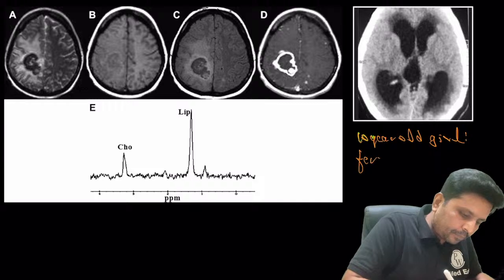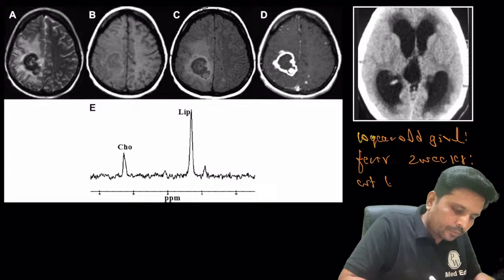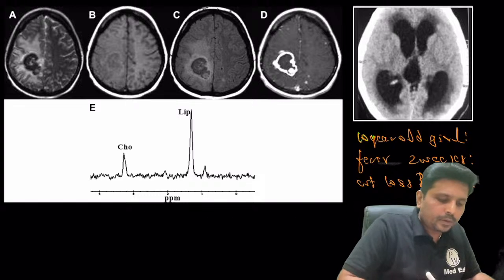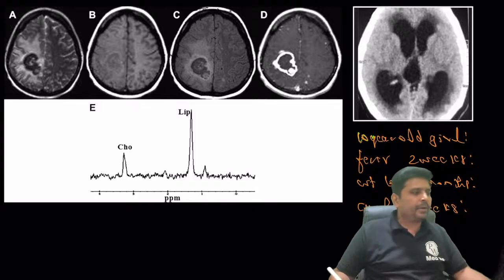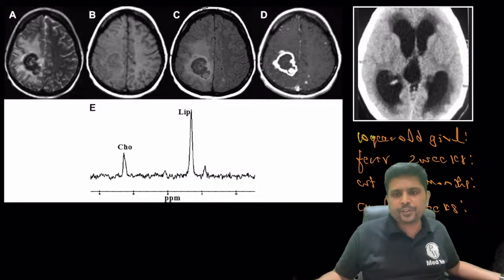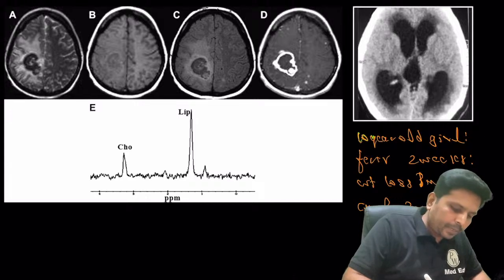Fever for 2 weeks, weight loss for the past 3 months, and the child was having cough for the past 2 weeks. So, what is the answer? You tell me, my dear boys and girls, what is the answer? And the child is having, let me tell you, neck stiffness.